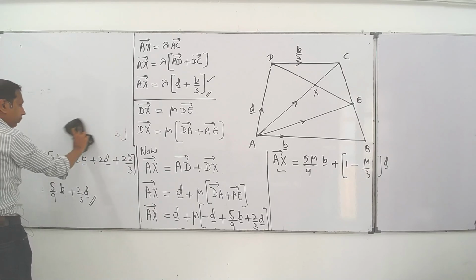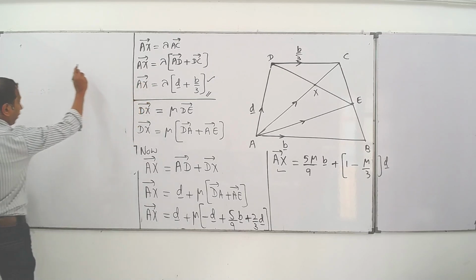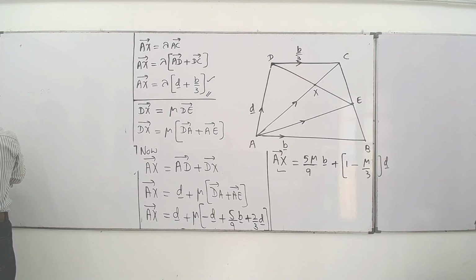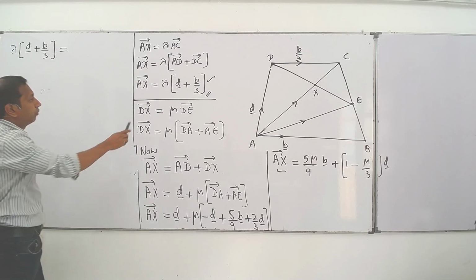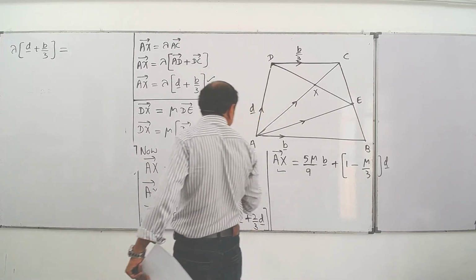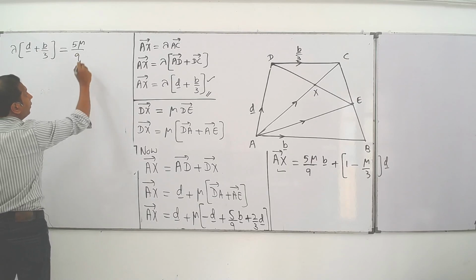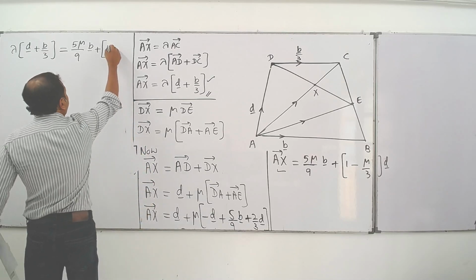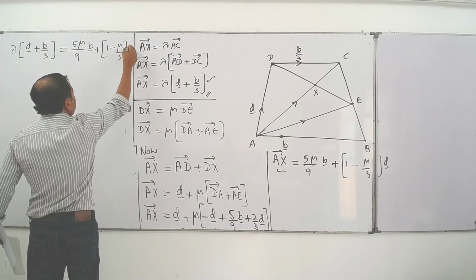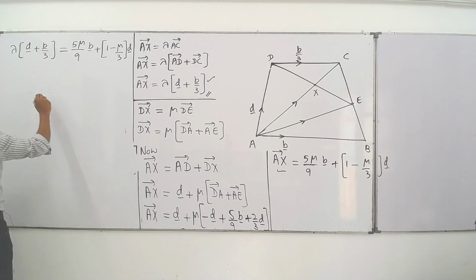Equating AX vectors. Once we equate AX vectors, here we have lambda times vector D plus vector B by 3 is equal to this, 5 mu by 9 B plus 1 minus mu by 3 times D. Now, in the left and right, you can equate the coefficients of B and D vectors.